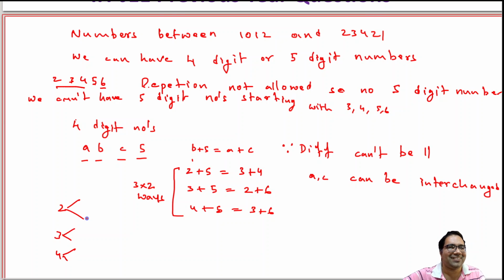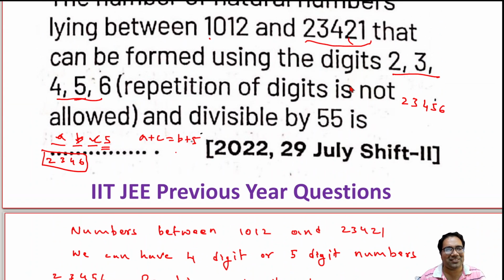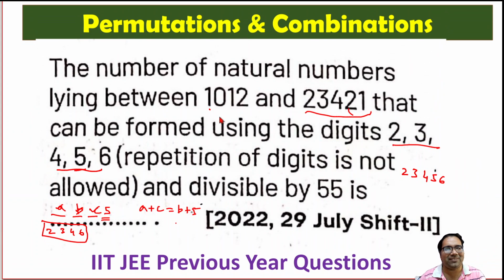So there are 6 numbers between 1012 and 23421 which are divisible by 11 and 5.